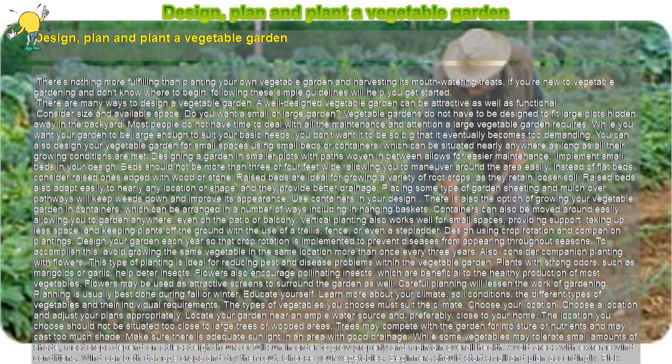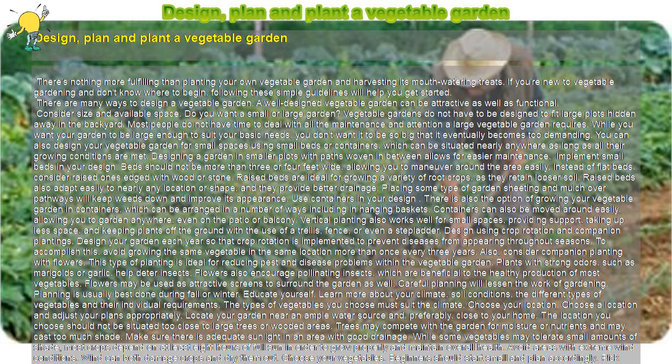Implement small beds in your design. Beds should not be more than 3 or 4 feet wide, allowing you to maneuver around the area easily. Instead of flat beds, consider raised ones edged with wood or stone. Raised beds are ideal for growing a variety of root crops, as they retain looser soil.